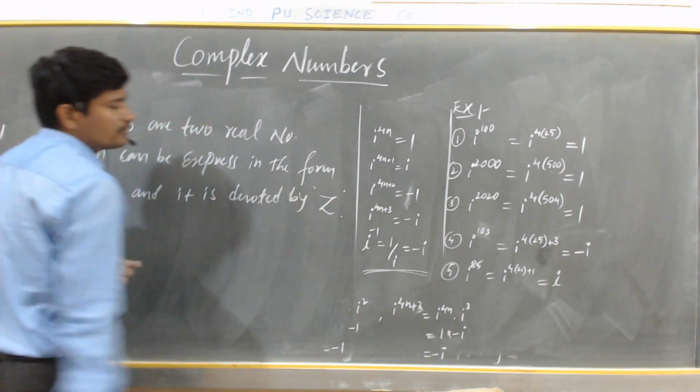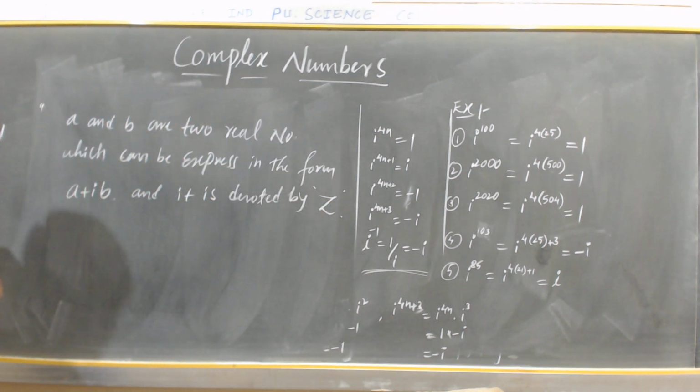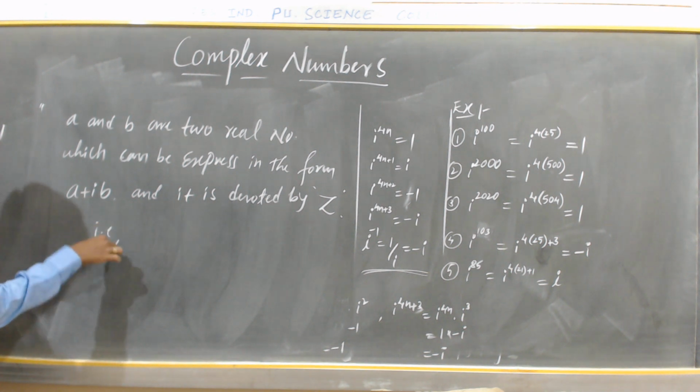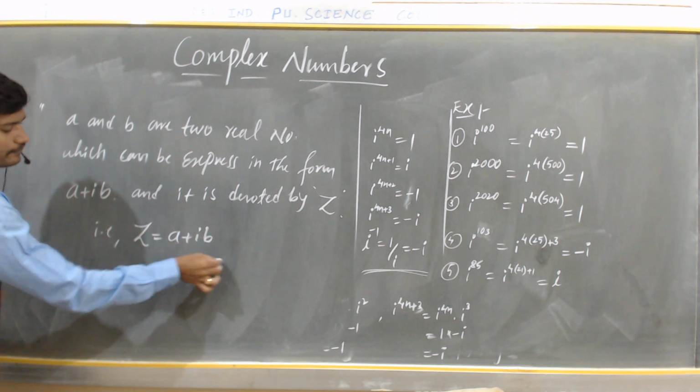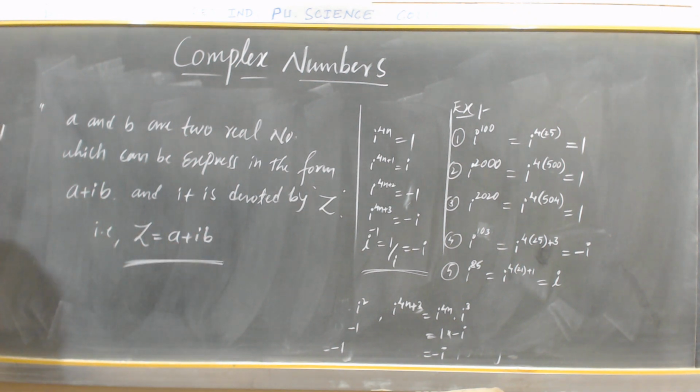It is denoted by capital letter z. So that is z equal to a plus ib.